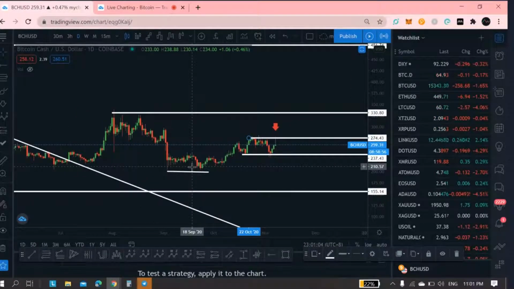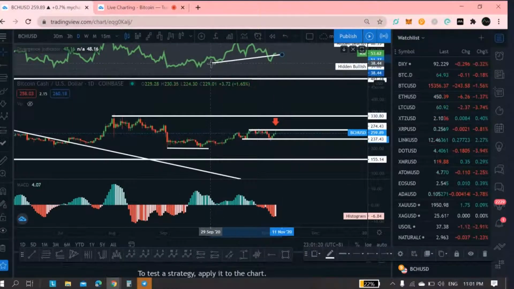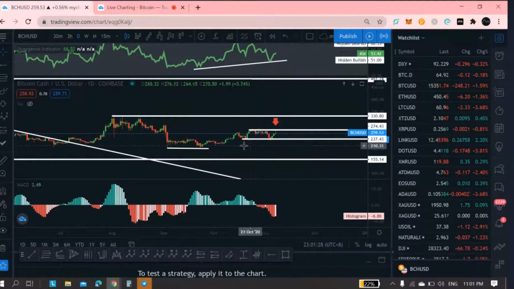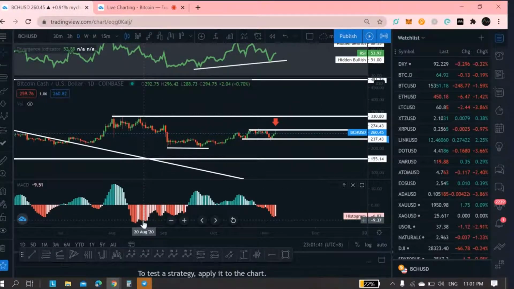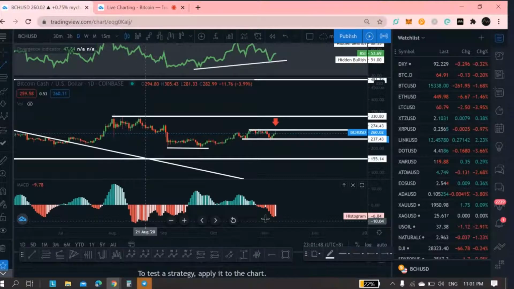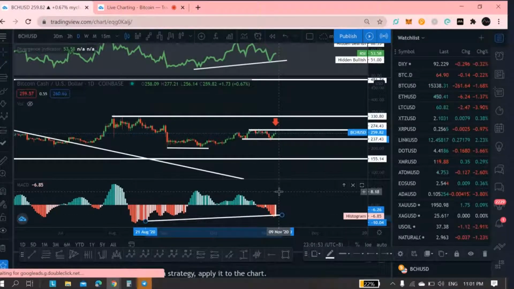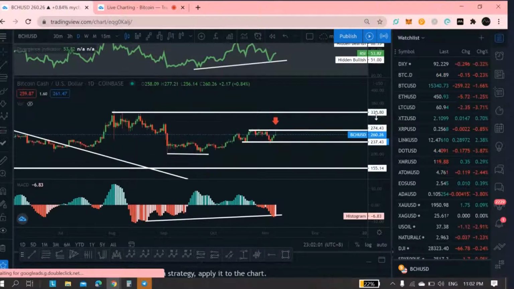Let me check on the, wait. It's not yet finished, but this is a possible bullish using the MACD.